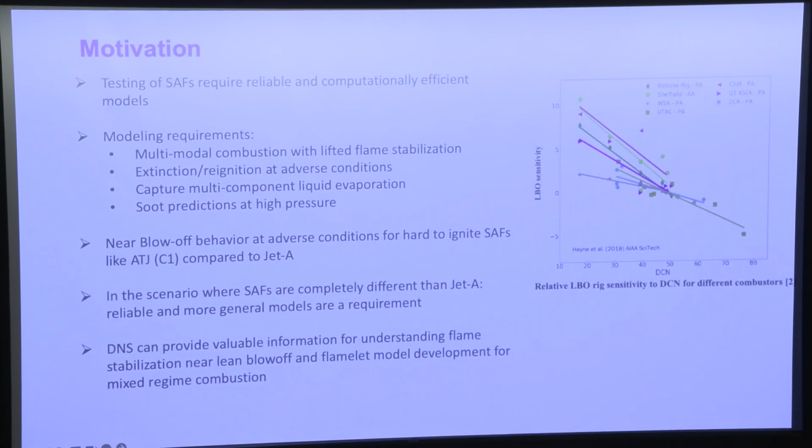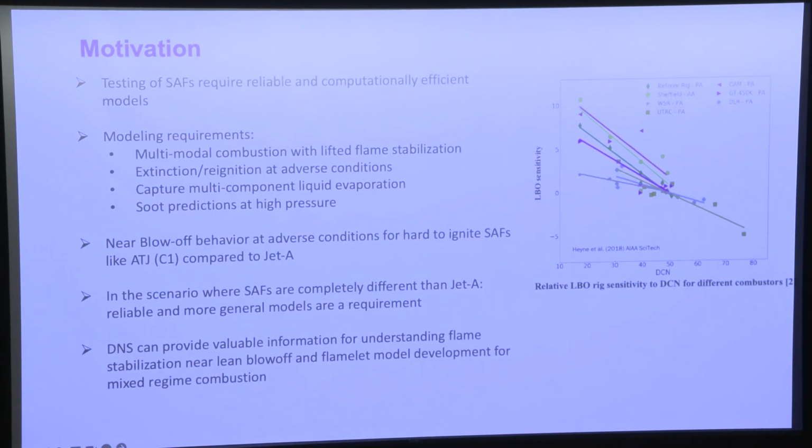So the derived cetane number is a measure of the ignition quality of a given fuel. What we see in this plot is that for low derived cetane number, the sensitivity is very high. And it's thought that the ignition quality is directly correlated with lean blow-off.